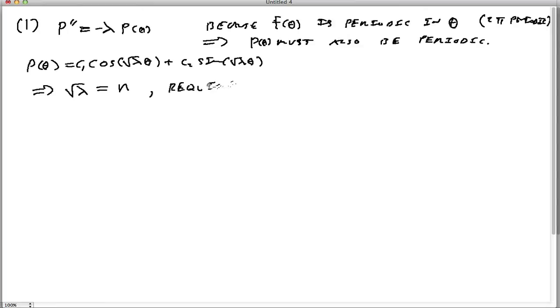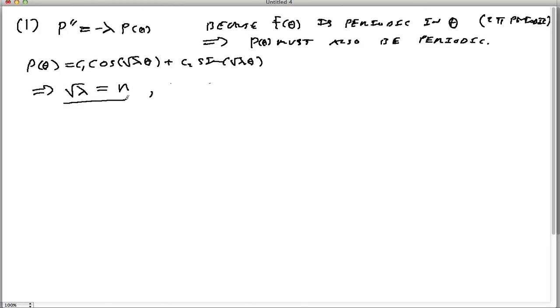Nothing more needs to be said about it besides that when theta is equal to 2 pi, the product together with our square root of lambda has to be some multiple of 2 pi. So that means you're restricted to integral values.